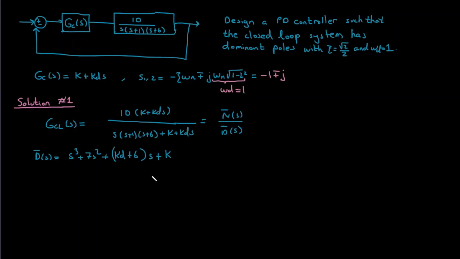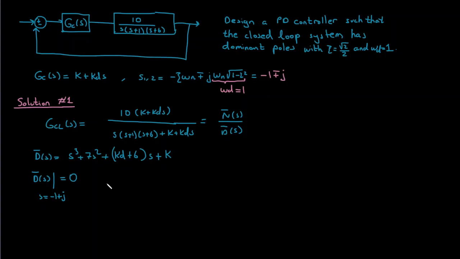So what we can do is write D bar of s and evaluate it at s equal to -1 plus minus j, but I will pick plus j for the time being, and equate it to 0. And from there, I'm going to have the imaginary part equal to 0 and the real part equal to 0. Then I can find two unknowns from two equations.